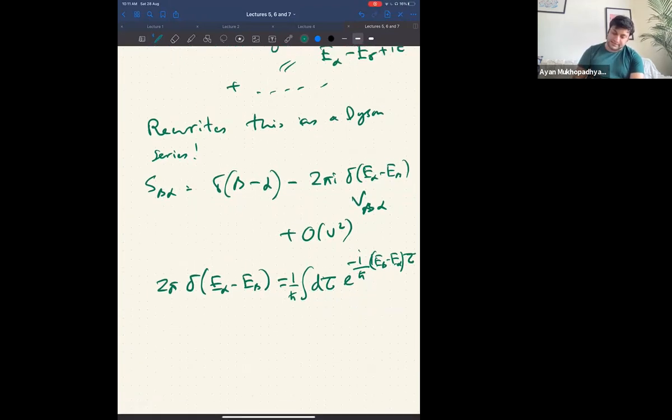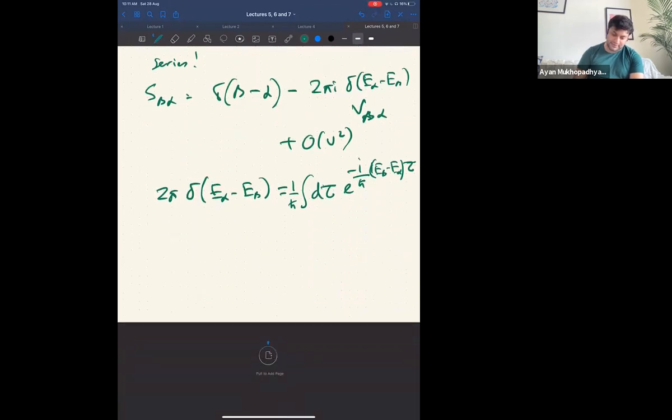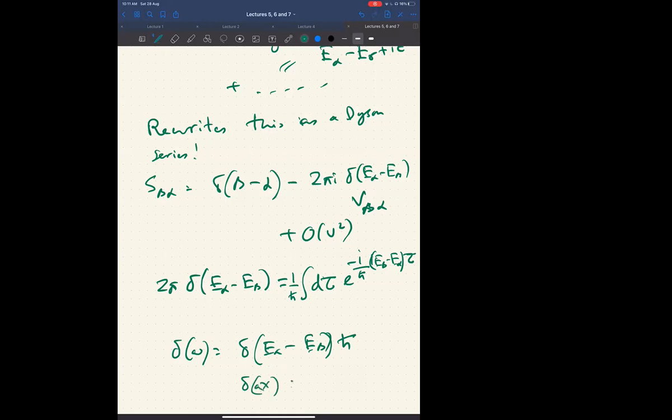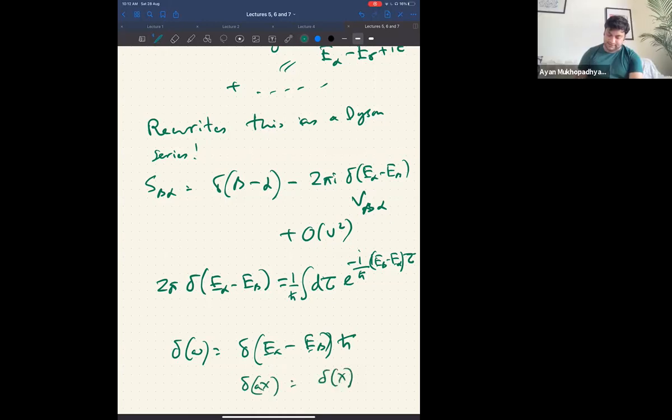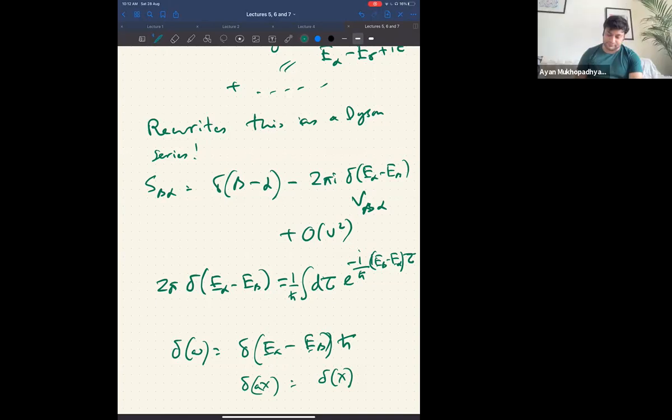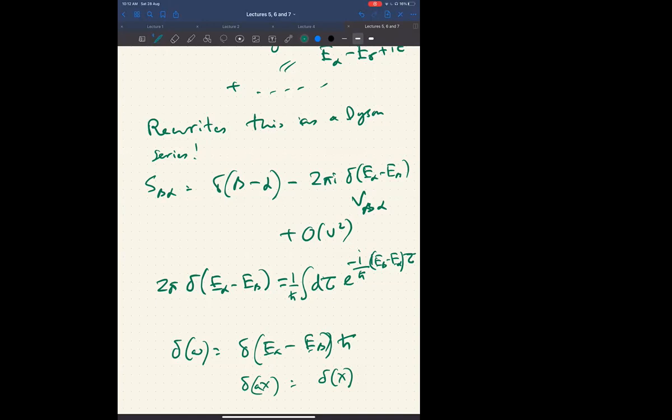So I find this expression, because it is delta E alpha minus E beta instead of delta omega. So delta omega is equal to delta E alpha minus E beta times h bar, right? So I'm simply using the fact that delta of a x is equal to delta x divided by the modulus of a.